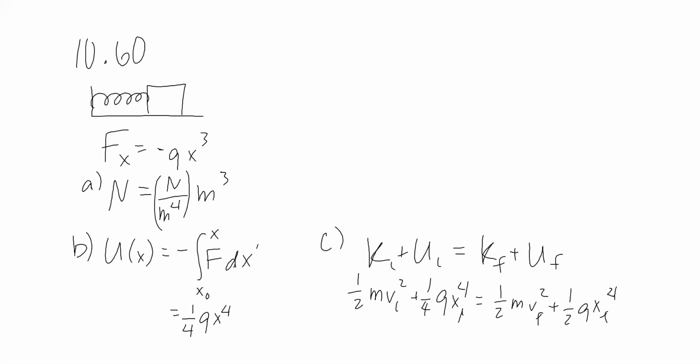I think in this case it's launched from rest and then it reaches 0. And so, let me be more precise about this, 1/2 mv final squared equals 1/4 qx initial to the fourth.